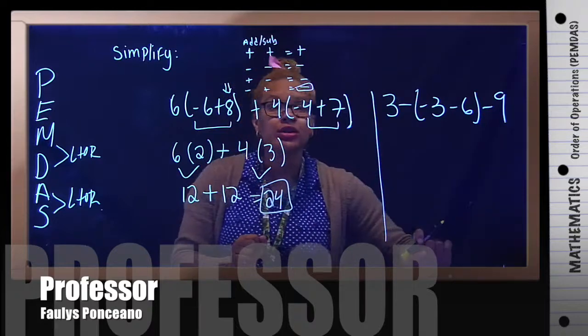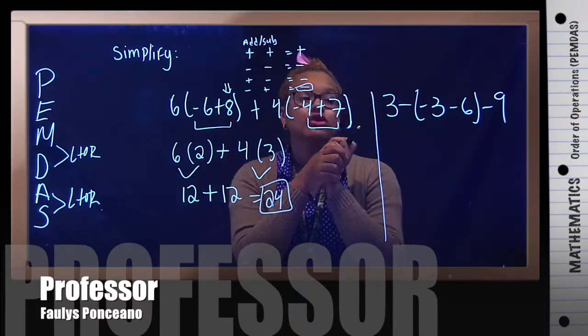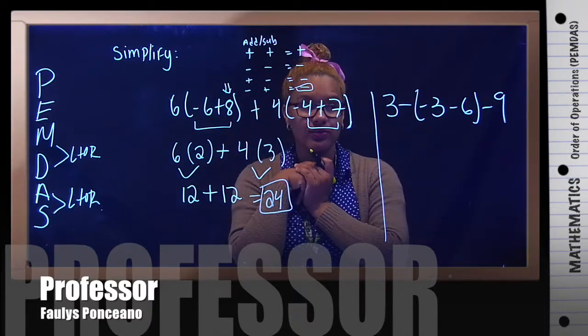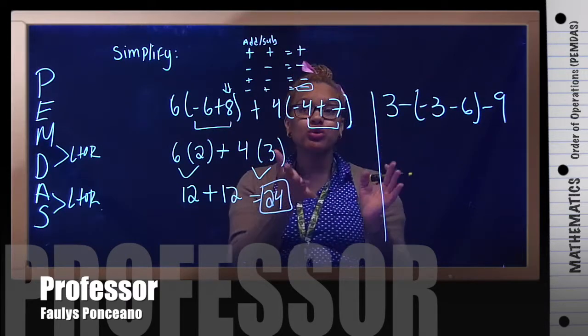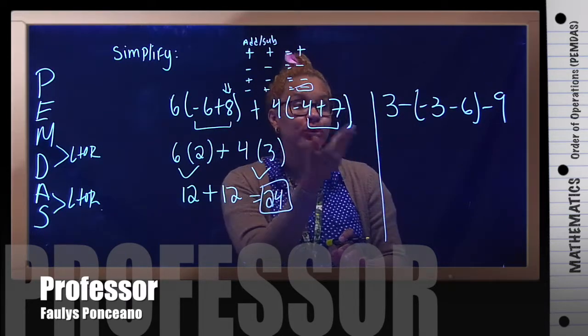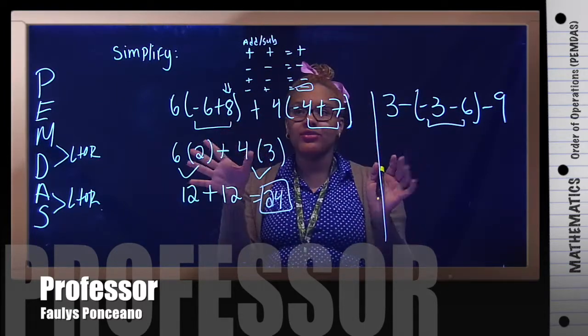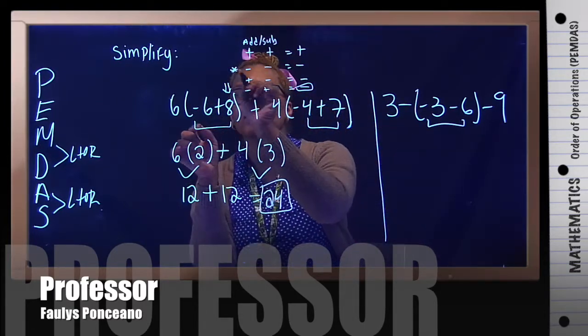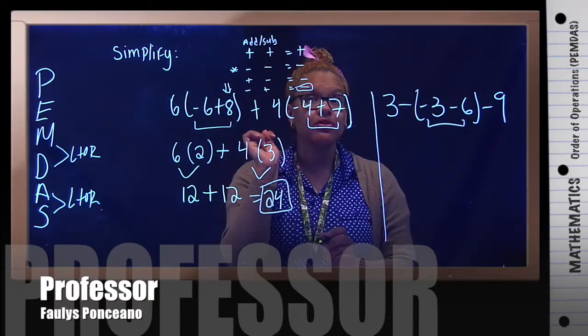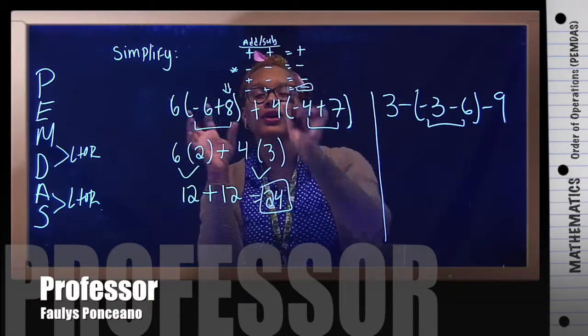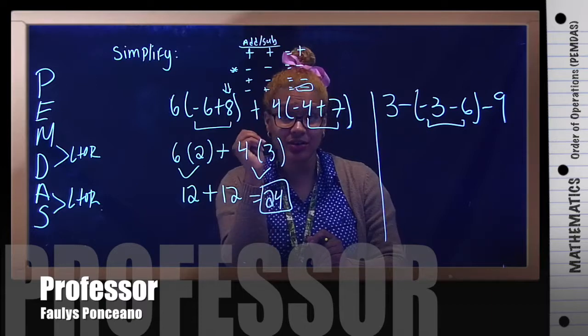Now let's work on the other one. So again, where do we start? We're going to start inside the grouping symbols, in this case our parentheses. Inside the parentheses, I have 2 negatives. If you look over here, negative, negative, these are the adding and subtracting rules. Multiplying and dividing are different.